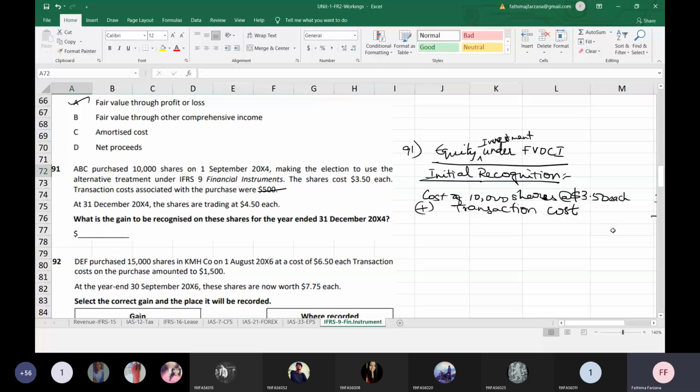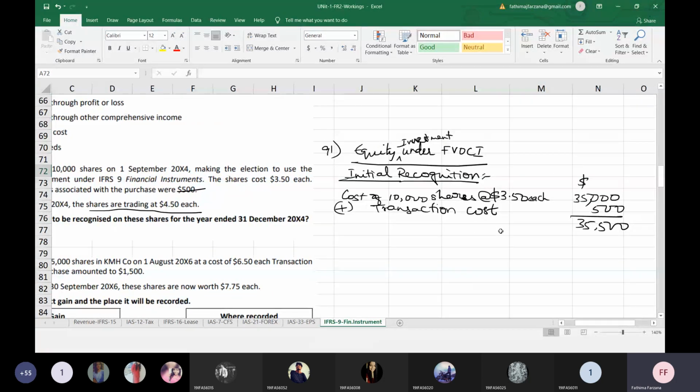What happened, class? You didn't understand? Is it 4.50, ma'am? Yes, 4.50. That's what is mentioned: shares are trading at 4.50 each. That is your fair value, the trading price. I discussed fair value computation in the last class. We take the shares' trading price. Trading price is 4.50 on 31st December 2004.